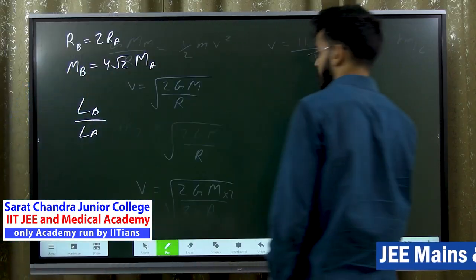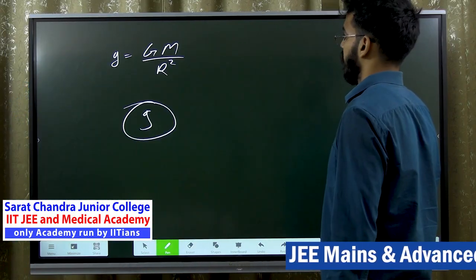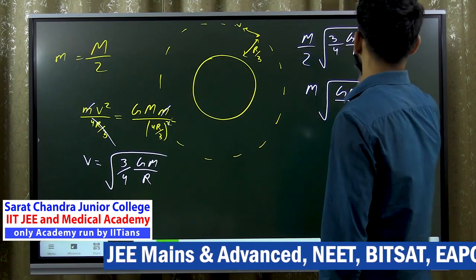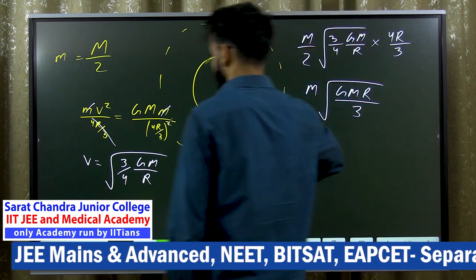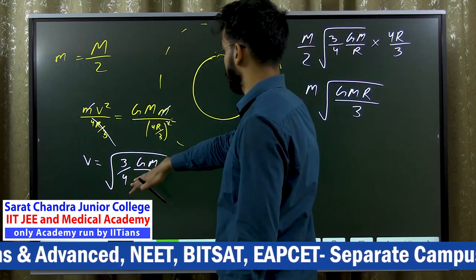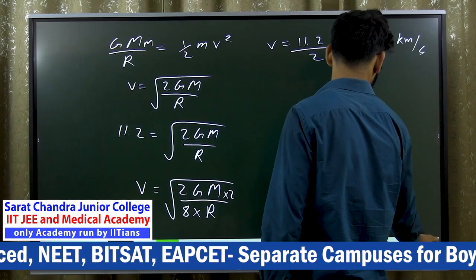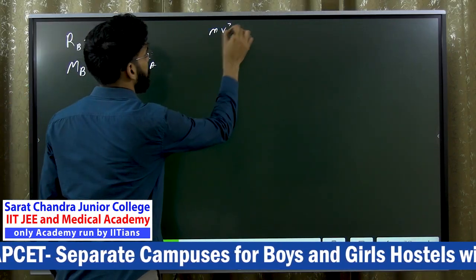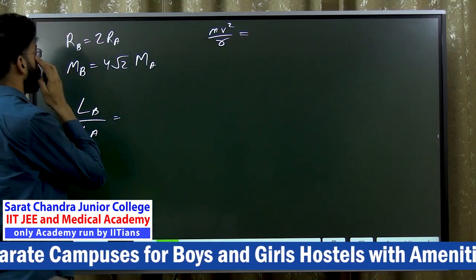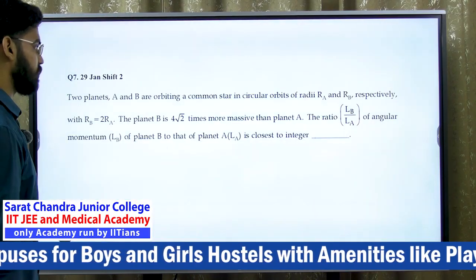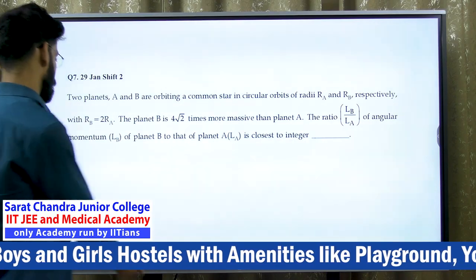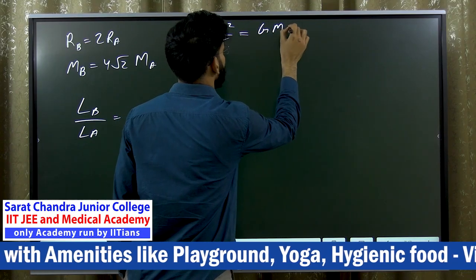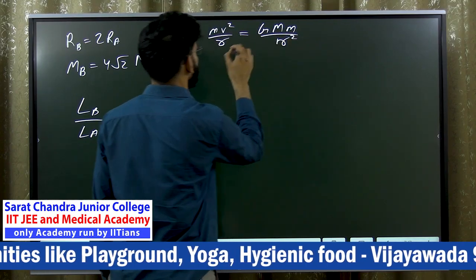So angular momentum, see, angular momentum we have also calculated. MVR, that's it, right? So angular momentum is what? MVR. So MV square by R, whatever radius it is revolving in, is equal to GM by R square, right? So how much is the V?